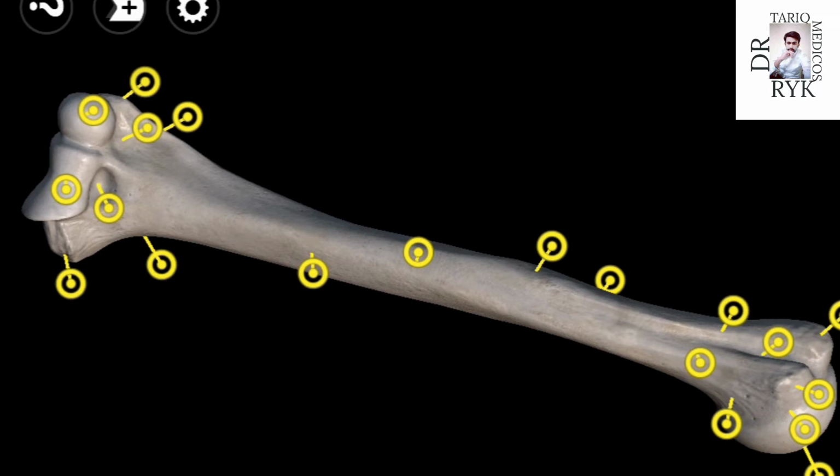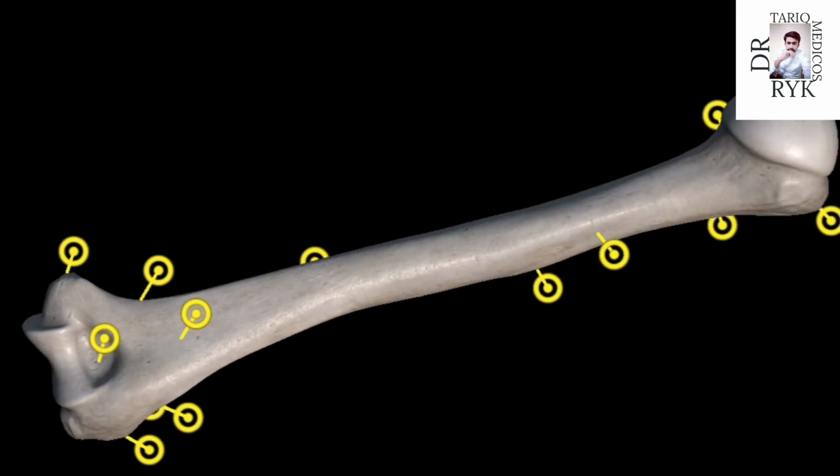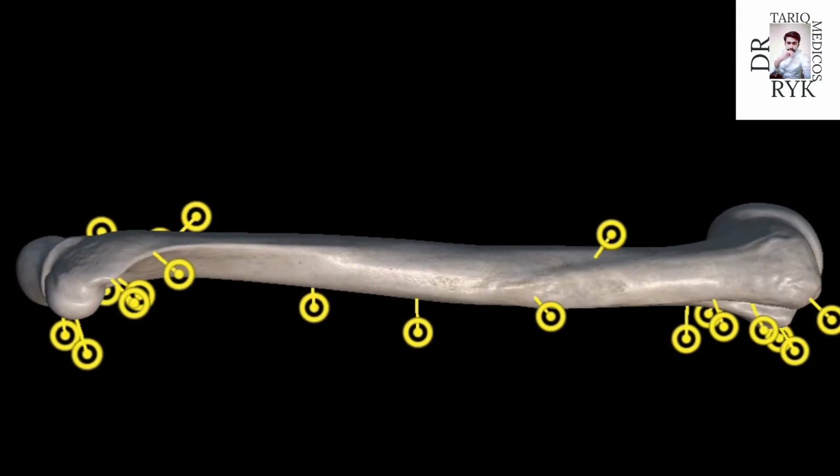Humerus basically is a long bone. It consists of two ends and a shaft. If we see the humerus from the anterior view, it will be like this. If we see the posterior view, it will show like this. And if we see from the lateral side, the humerus will be like this.